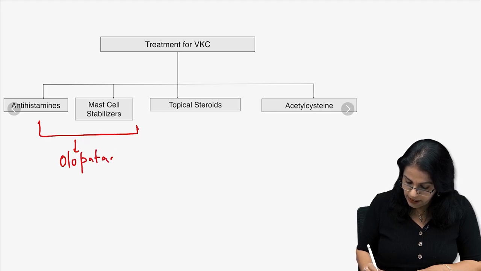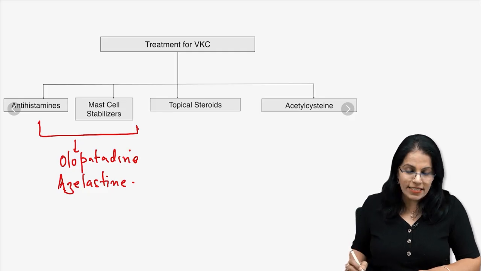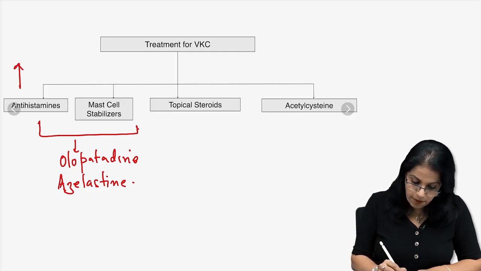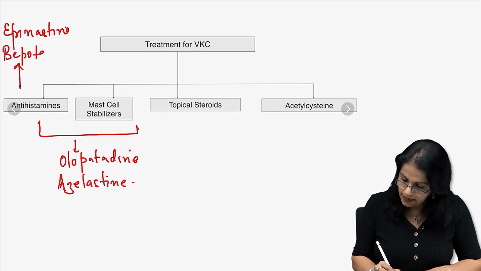It has both the actions. So, olopatadine and azelastine. If you want to use only antihistaminics, we can go for epinastine. And another name, just know it, bepotastine.